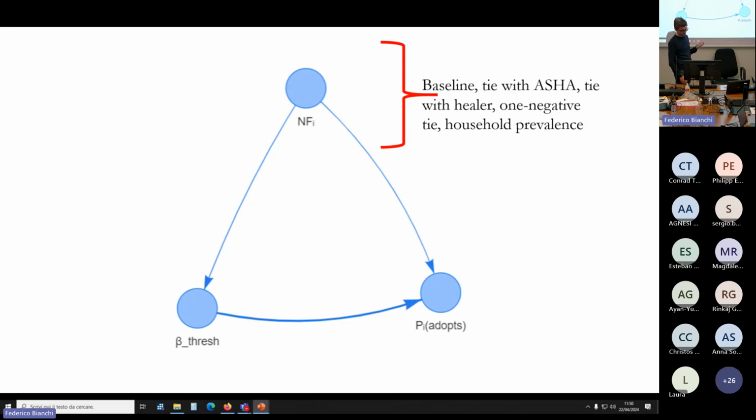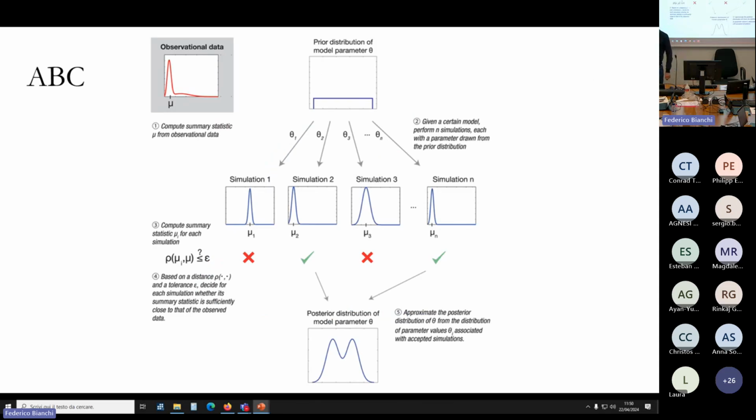Now, how to actually estimate these parameters is pretty hard, because we don't have any data about these thresholds in the population, and clearly we cannot have any data related to this effect. So we employed what's called approximate Bayesian computation. It's not a very recent development, it's 15, 20 years old.